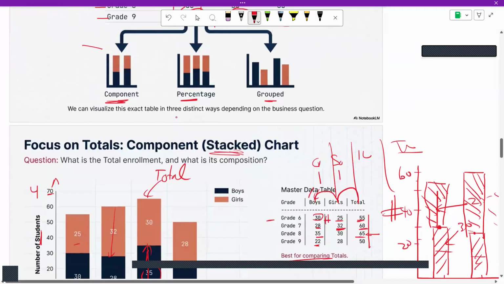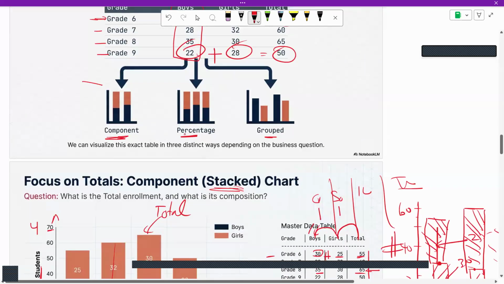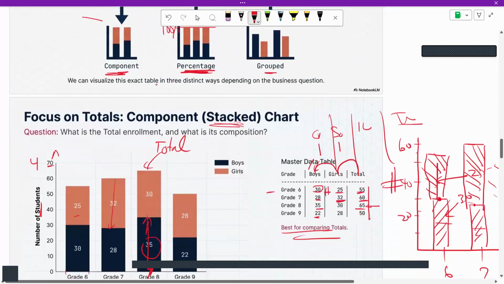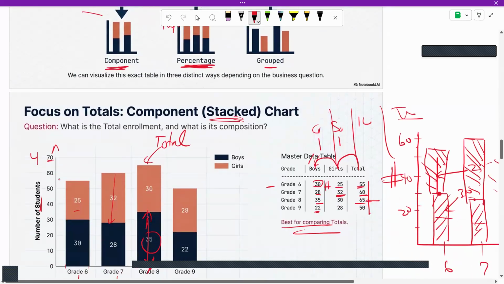The second type of chart is called the percentage chart. Here, you know that altogether it is 100%. When you look at the earlier chart, each bar, each column has different heights, the total column has different heights.